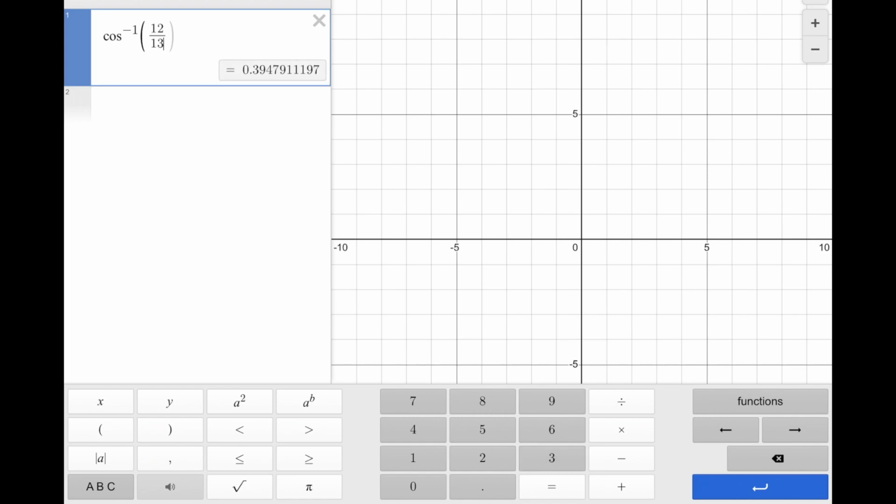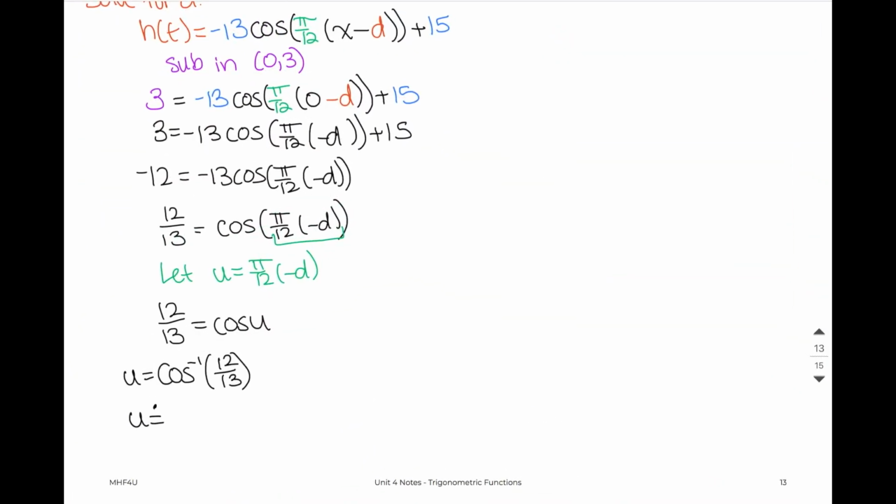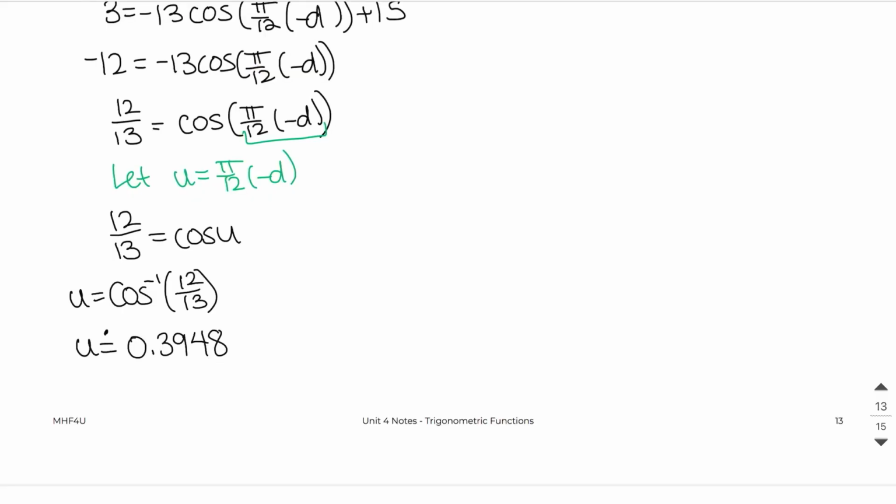So u would be approximately 0.3948. Well, if u equals pi over 12 times negative d, then pi over 12 times negative d would be equal to approximately this 0.3948.